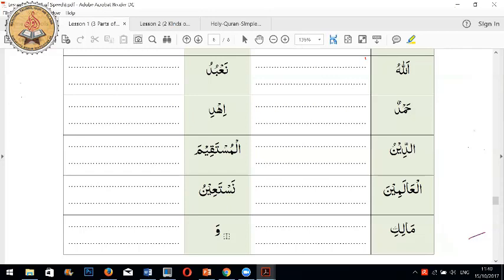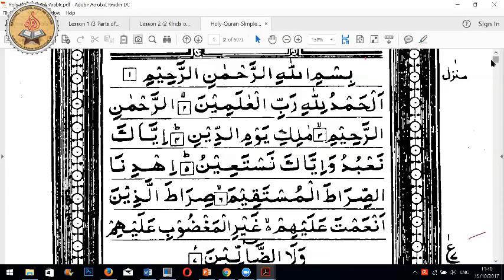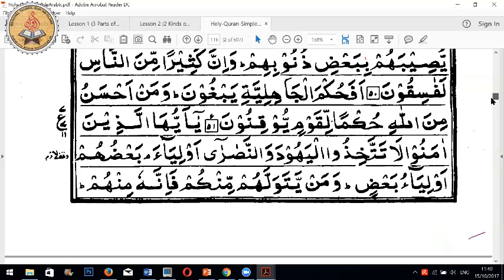If I just say wa and become silent, it does not convey the meaning. It demands an attachment before or after. In this way, you can learn any word or classify any word from the Quran. Now, let's see, I'm scrolling down.